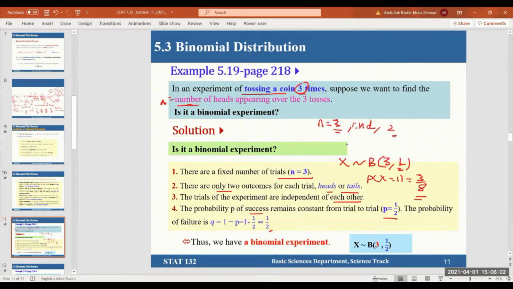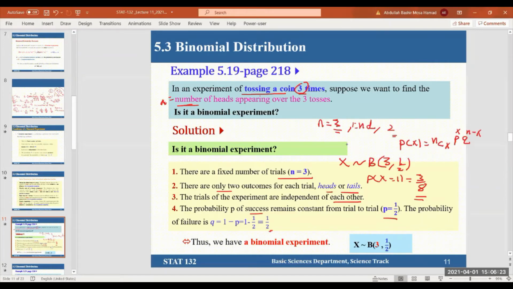But let's do it by binomial distribution. How to do it? P of x equals n combination x, p power x, q power n minus x.